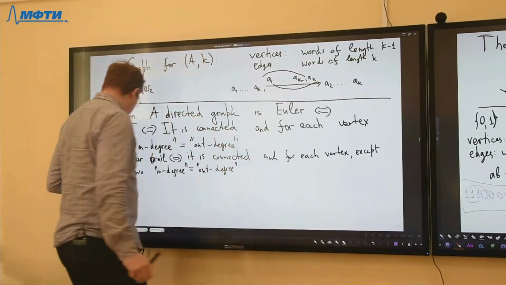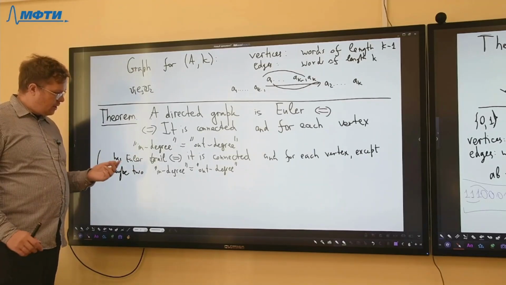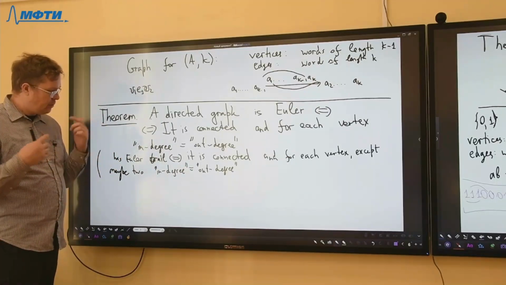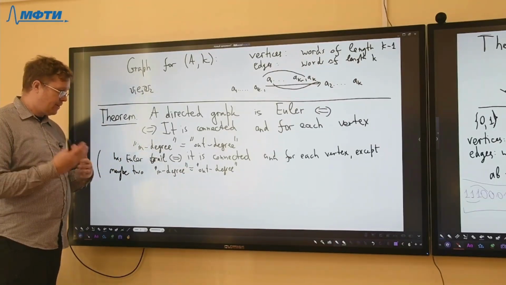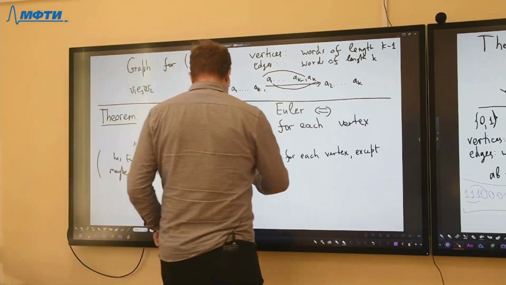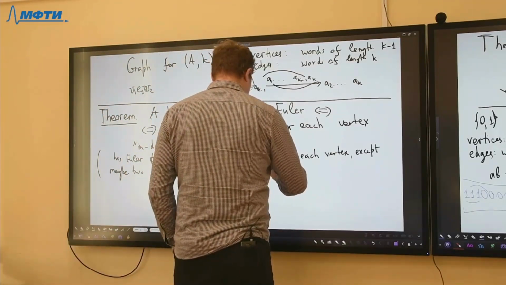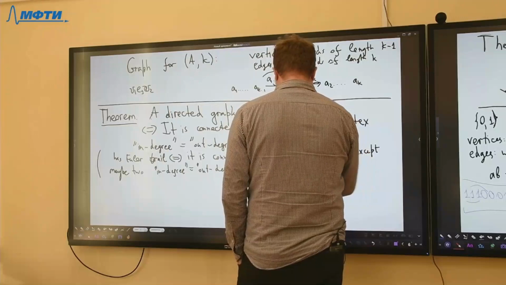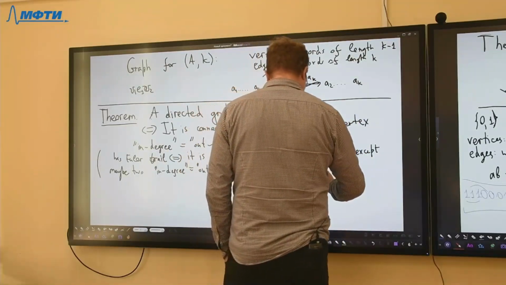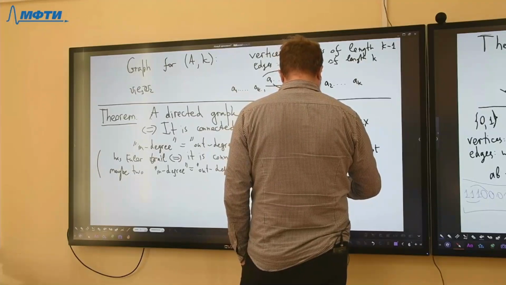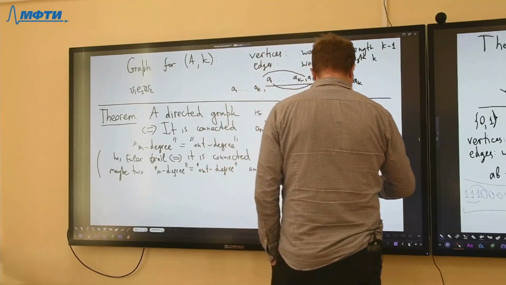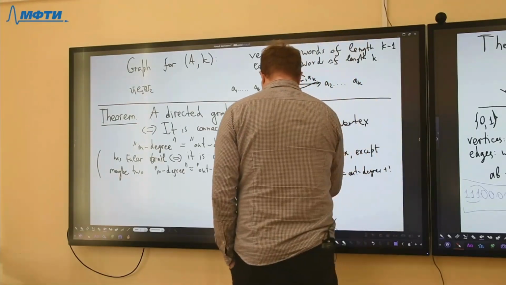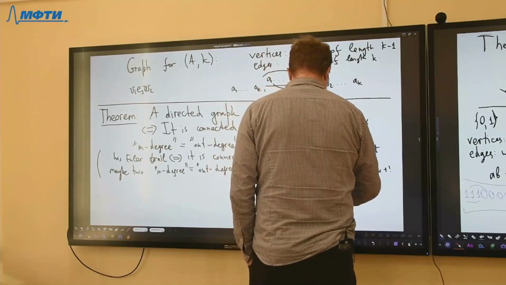And for these two nodes, they differ by one. In one vertex we'll have in degree less than out degree, and in the other vice versa. So for these two, one has in degree equal to out degree plus 1, and the second has minus 1.